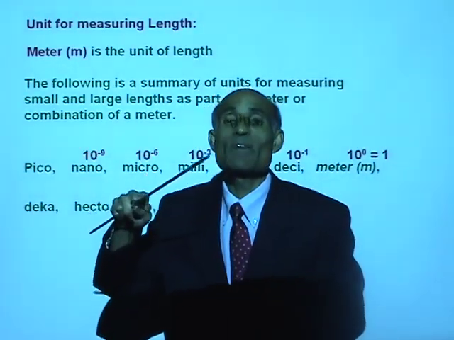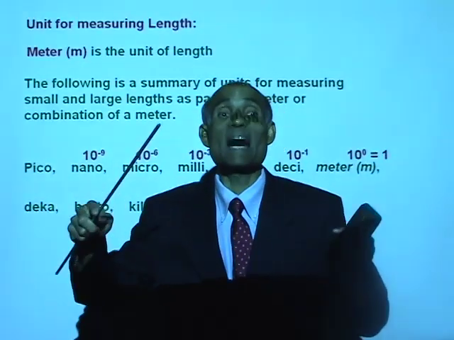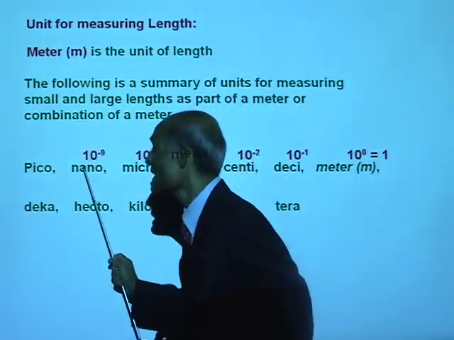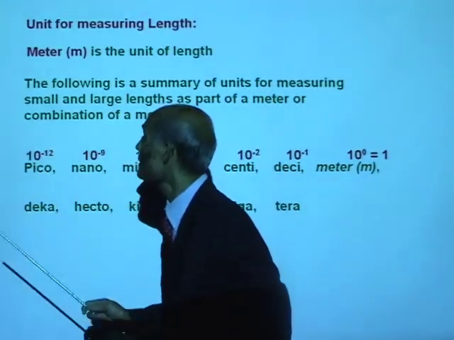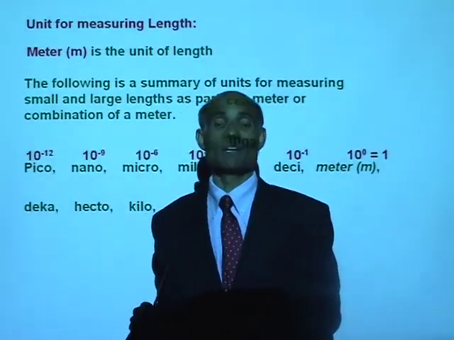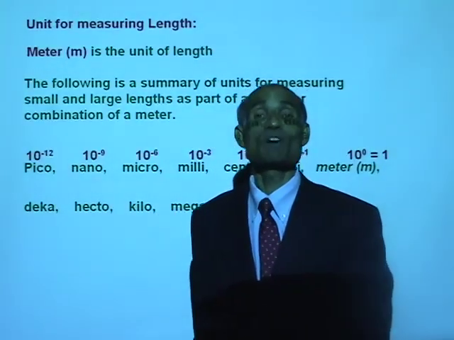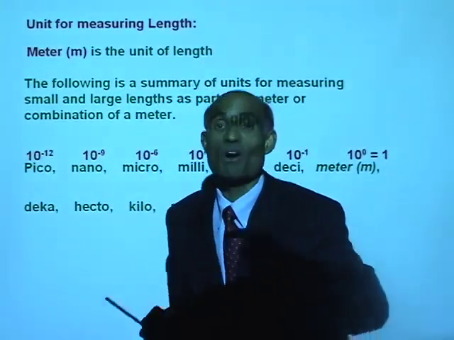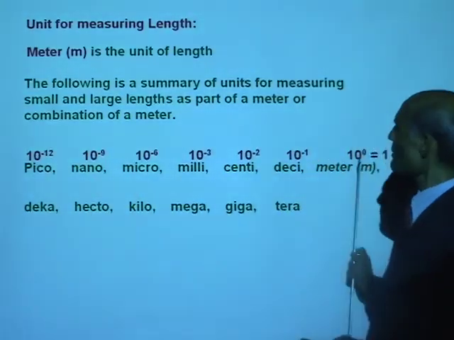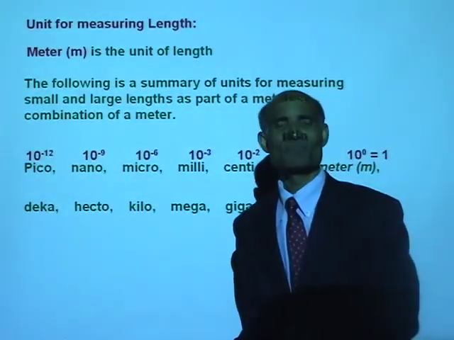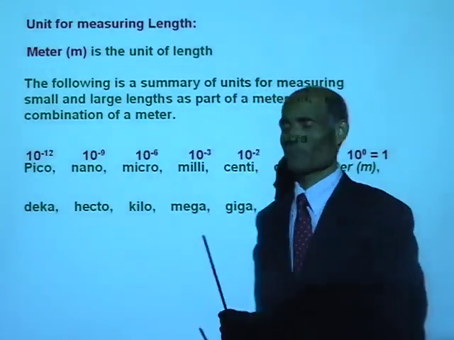The wavelength of visible light is measured in nanometers. And if you go down further, there is the picometer. What is a picometer? A picometer is a trillionth of a meter, 1 part in a trillion. You see how interesting these are? Aren't they? I'm sure they are.